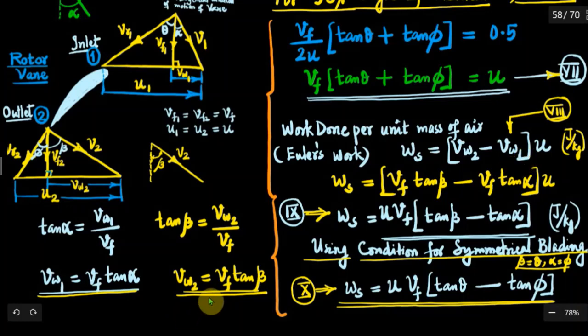We already defined that Vw1 can be written as Vf tan alpha from the inlet velocity triangle, and from the outlet velocity triangle you can get Vw2 is equal to Vf tan beta. If you replace Vw2 and Vw1 by these two values, you get Ws is equal to Vf tan beta minus Vf tan alpha into U. So you can take Vf outside. So what you will get? U into Vf into, within bracket, tan beta minus tan alpha.